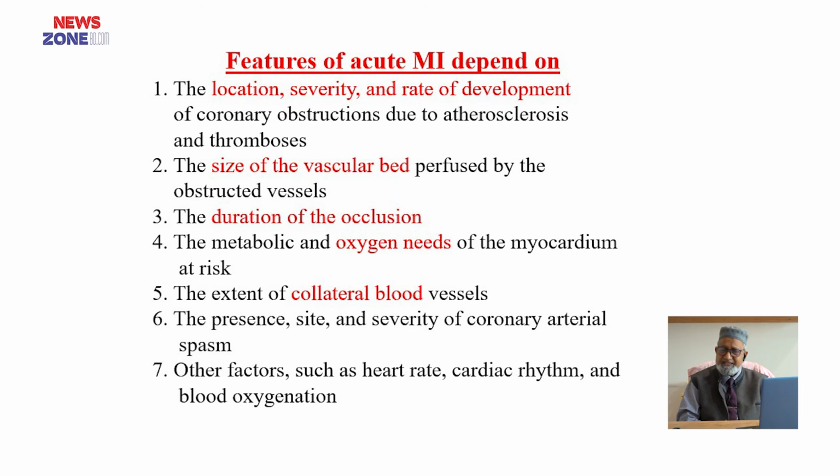The location, severity and rate of development of coronary obstruction due to atherosclerosis and thrombosis depend on the size of the vascular bed perfused by the obstructed vessels, the duration of occlusion, the metabolic and oxygen demand of the myocardium, the extent of collateral vessel formation, the presence, site and severity of coronary arterial spasm, and other factors such as heart rate, cardiac rhythm, and blood oxygenation. All these factors determine the outcome of myocardial infarction.